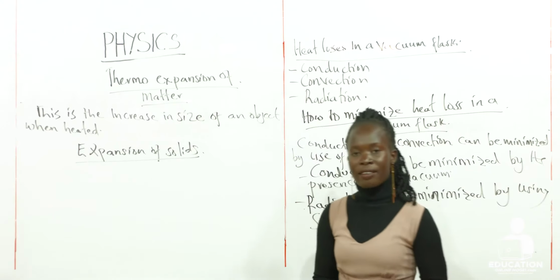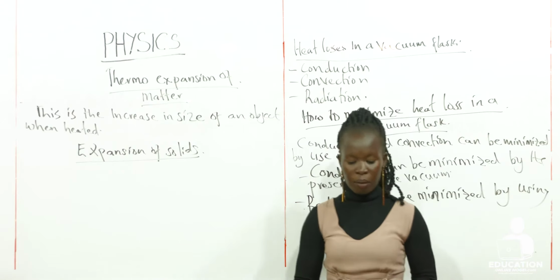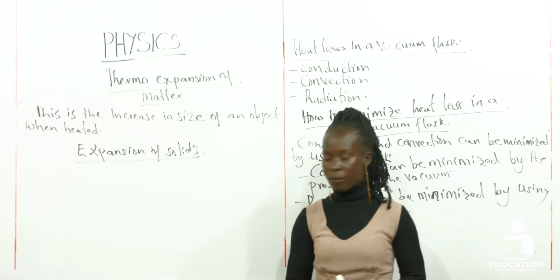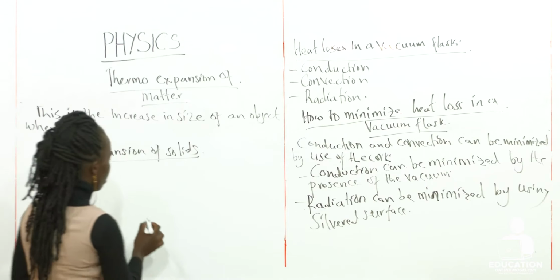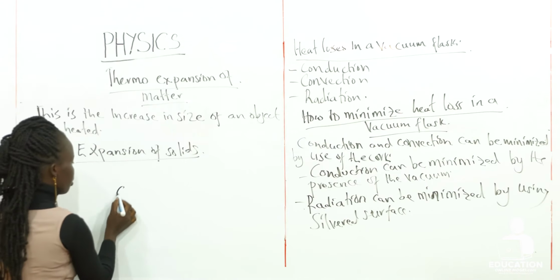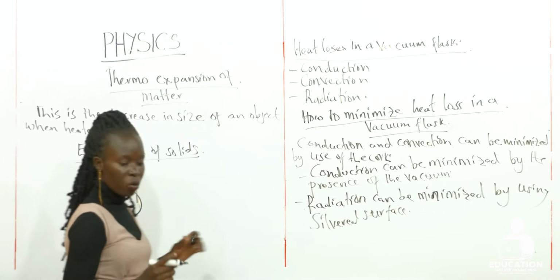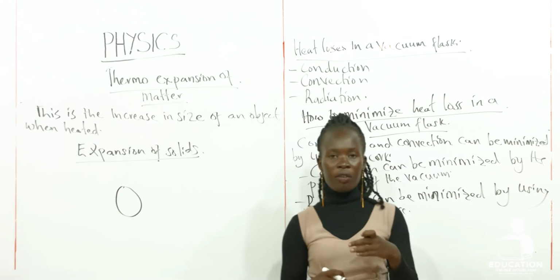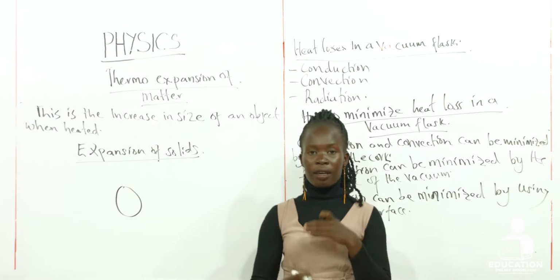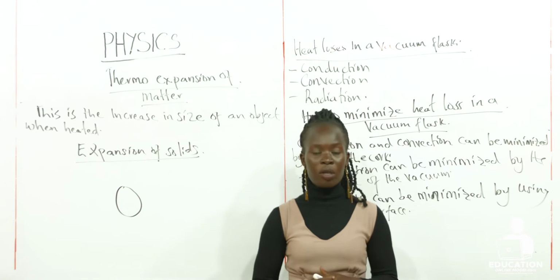Let us take an example of a metal ball. This is our metal ball. We're going to try to fit it in a ring. The ring is to measure how big the metal ball is.